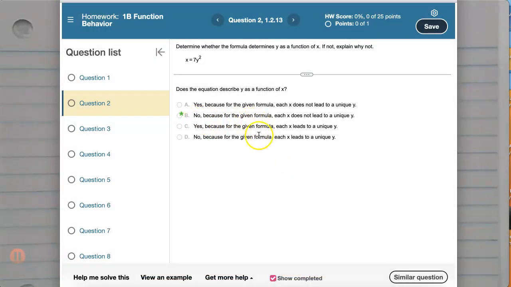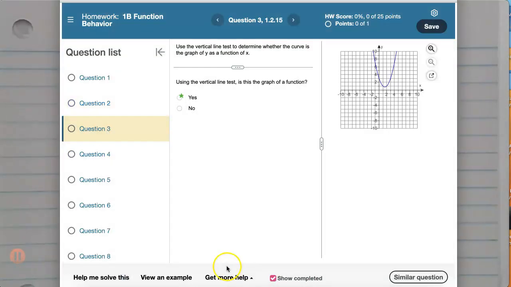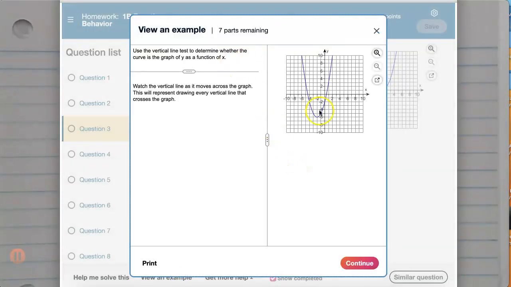As you can see, each x leads to a unique y, each x does not lead to a unique y. So yes or no. All right, number 3. Vertical line test, this does pass.